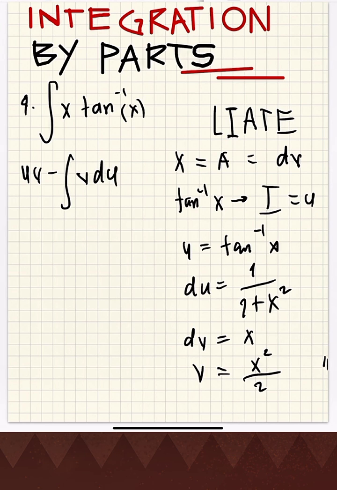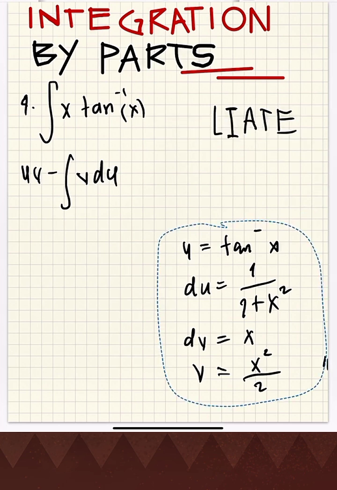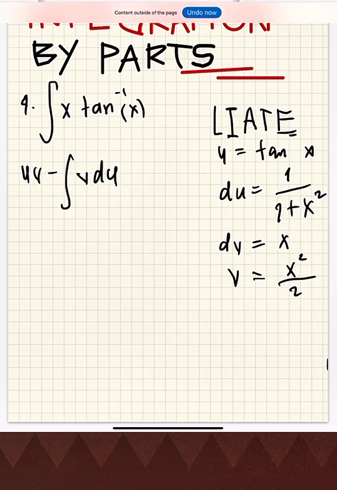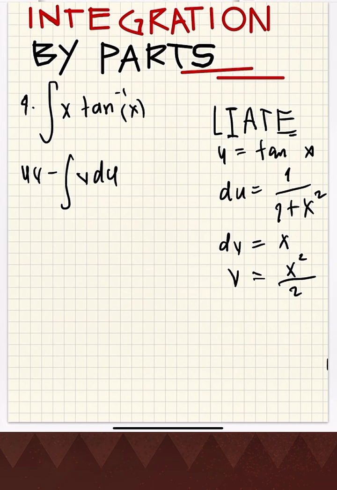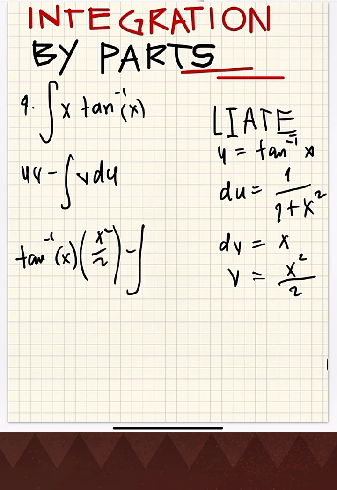So let's remove this first. So our u, what's the value of our u, is arctangent x, multiplied by our v, which is x squared over 2, minus the integral of x squared over 2 multiplied by our du, which is 1 over 1 plus x squared.